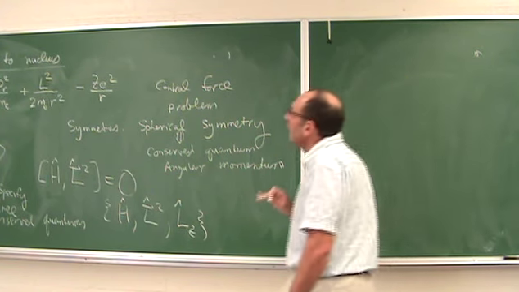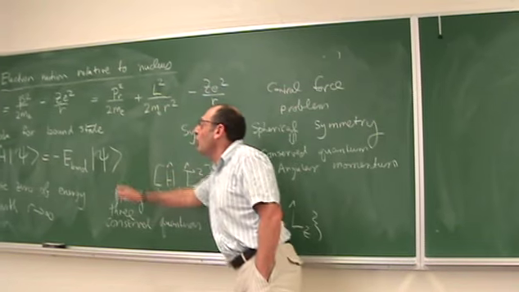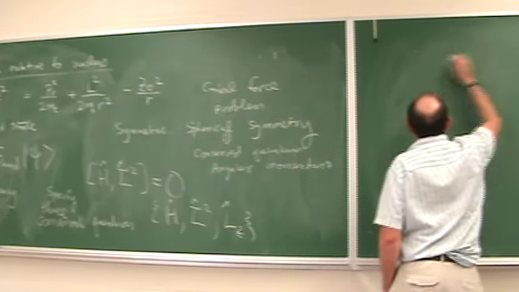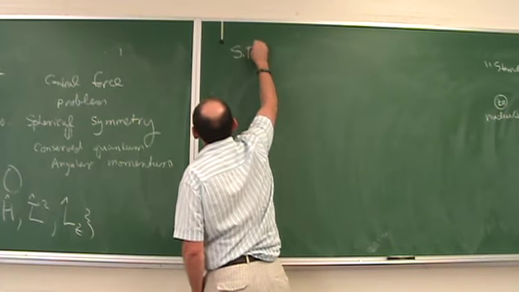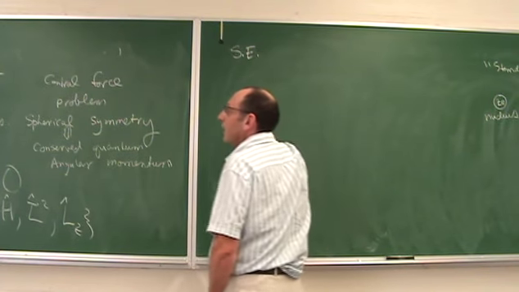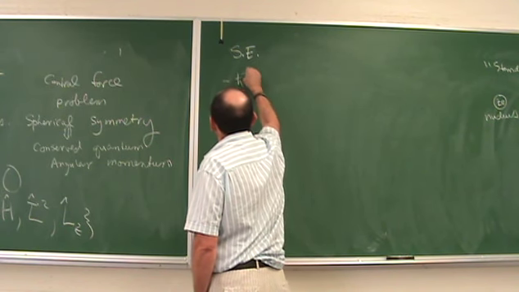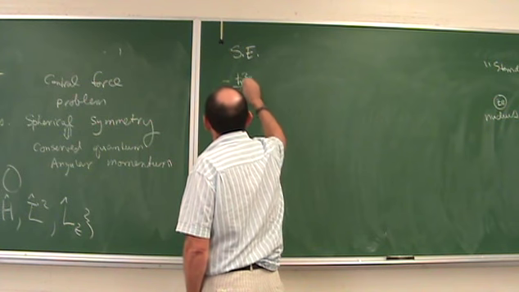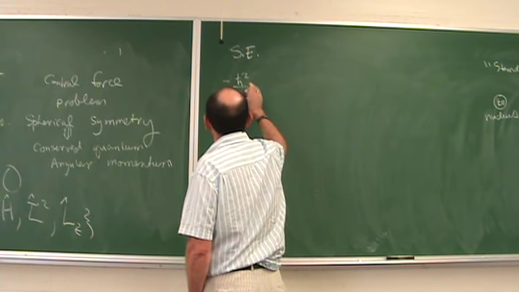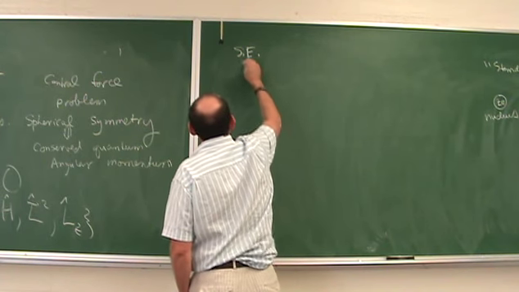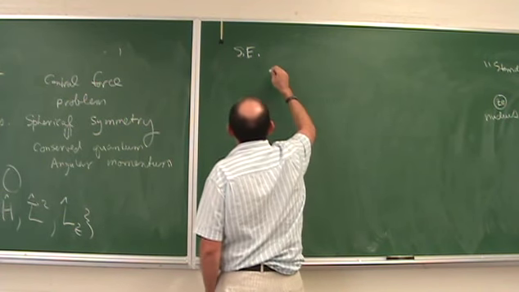So if we re-express now our Schrödinger equation in the position representation, then we have the usual expression.